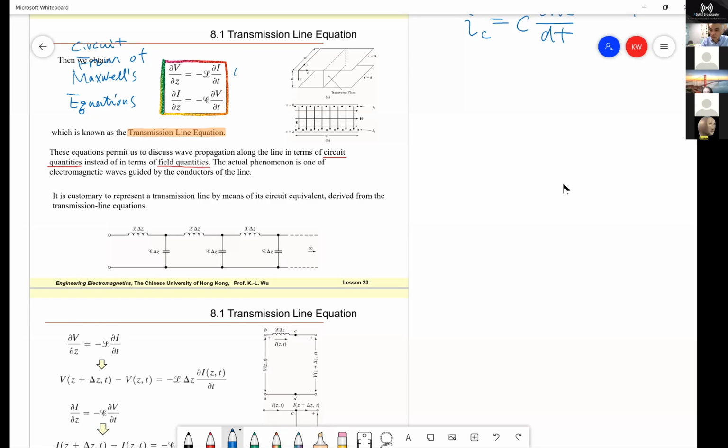You see, if you have, say, equation 1 and equation 2, then you take the partial derivative with respect to z on equation 1, and then take the partial derivative with time on equation 2, right?